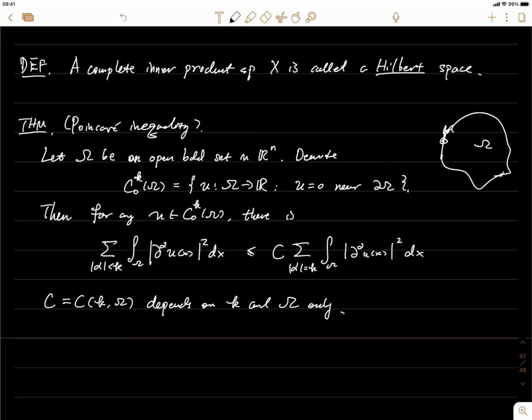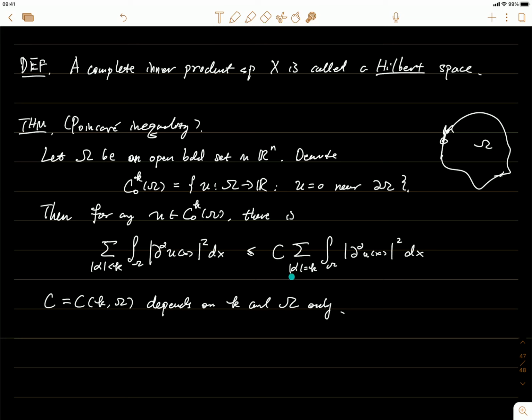So what this inequality means, you look at the right hand side. This is the integral of the squared derivative of the highest order. When you set this to be C_0^k, this is the highest order. For example, if k equals 2 and you have two variables, that means this will be d squared u over dx1 squared, or d squared u dx1 dx2, or d squared u over dx2 squared.